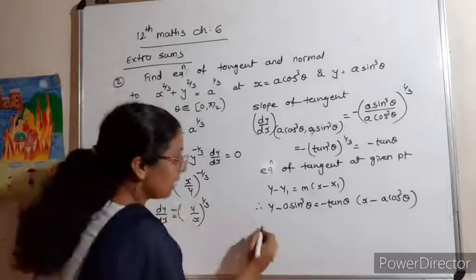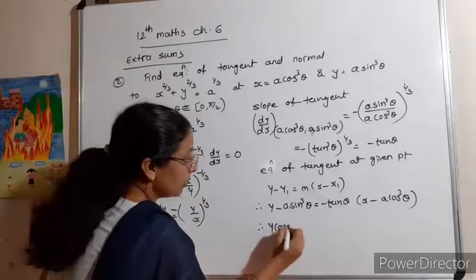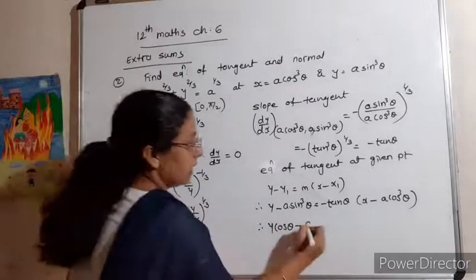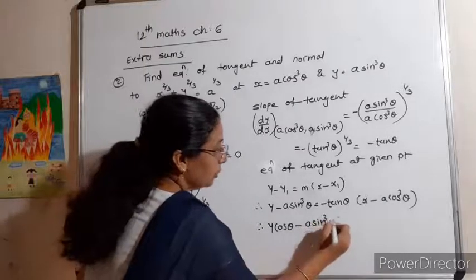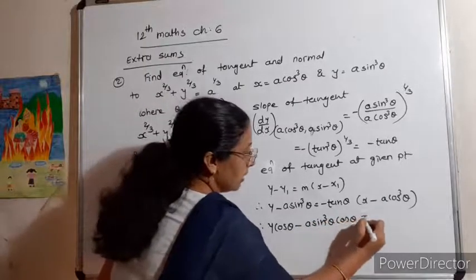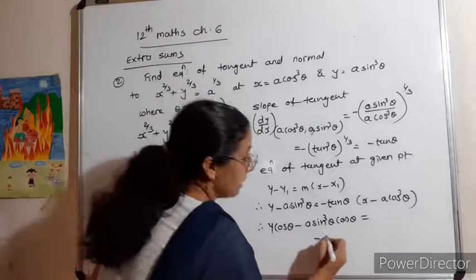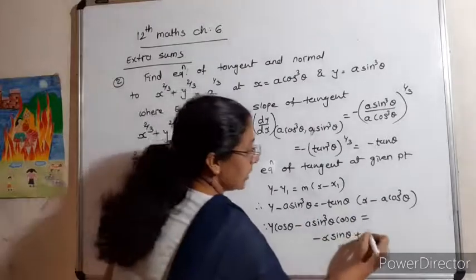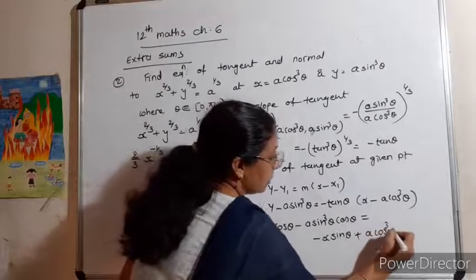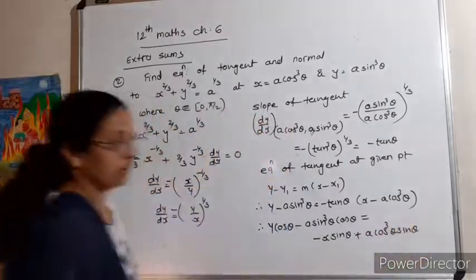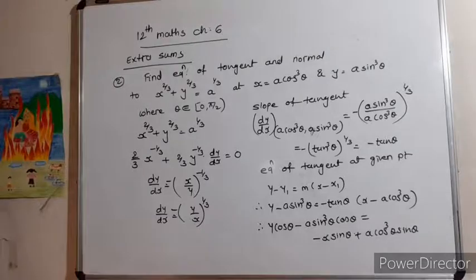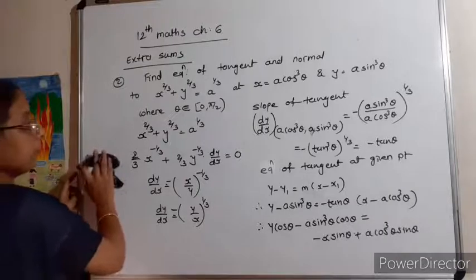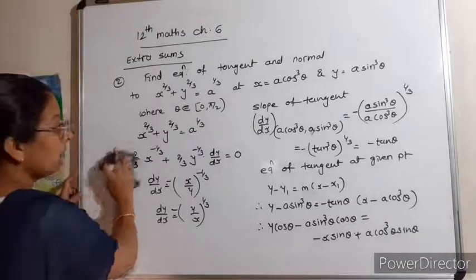Okay. Here therefore y cos theta minus a sin cube theta cos theta is equal to minus x sin theta plus a cos cube theta sin theta, right? If you take all the things to one side, that is equal to 0. Yes? Okay. So here if we simplify, I will remove these, right?